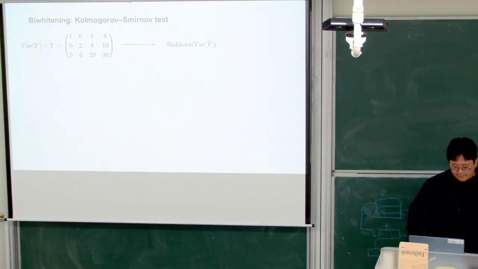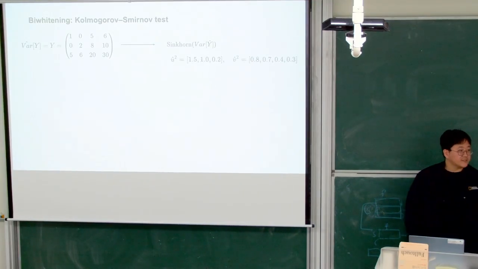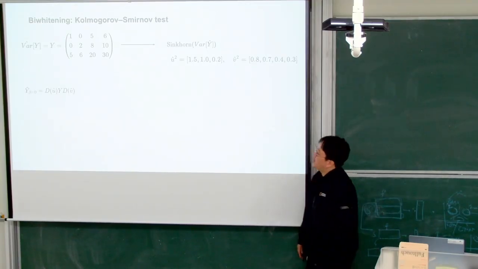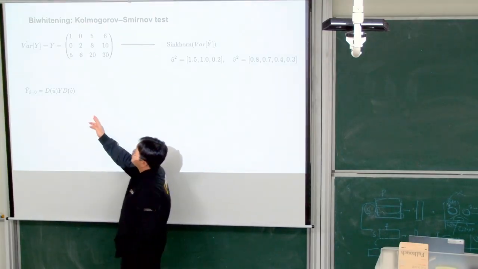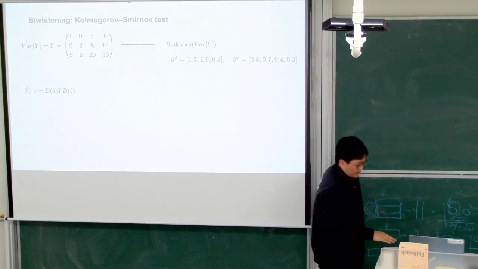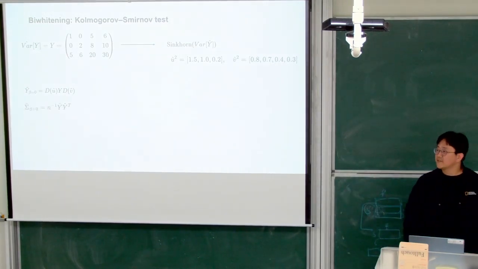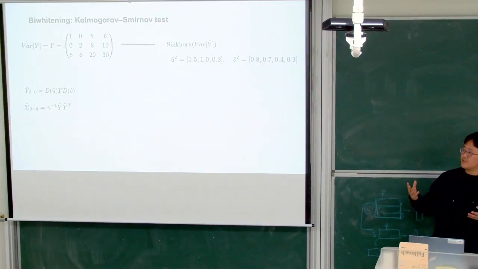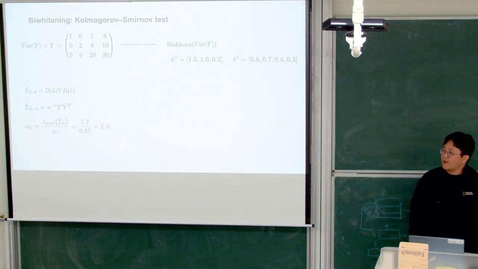After applying the Sinkhorn, we get these vectors, and we can use them to scale y with respect to beta equal to 0. Then we can calculate the covariance matrix and obtain the eigenvalue spectrum of this covariance matrix. Alpha can be calculated at this stage.